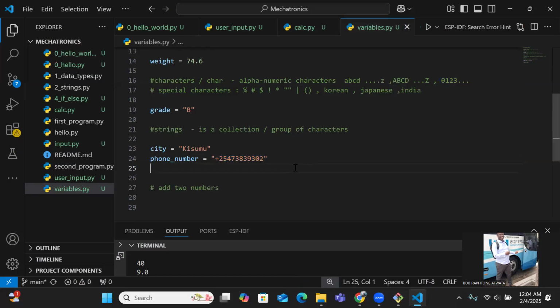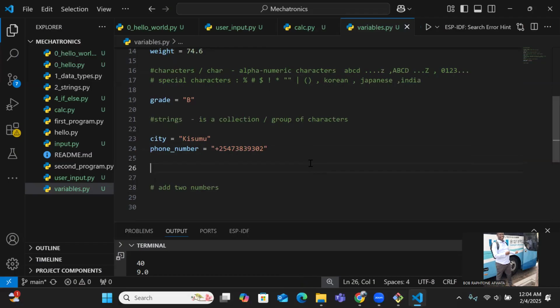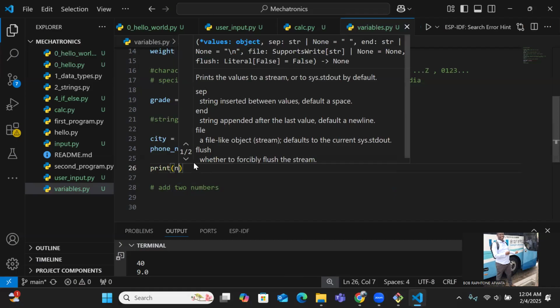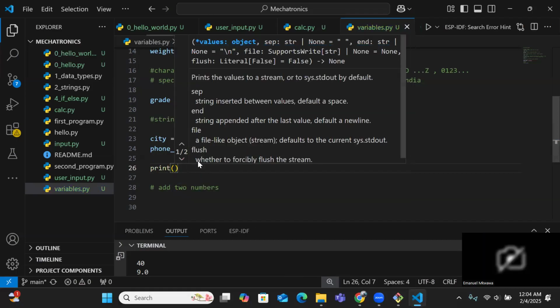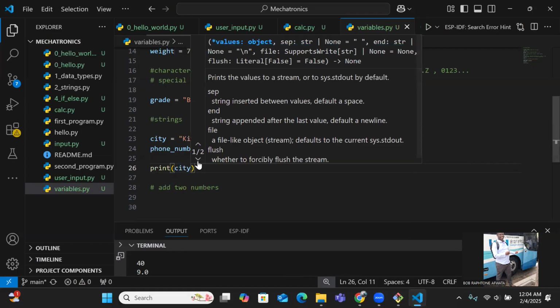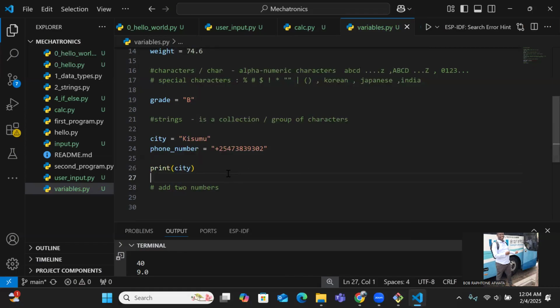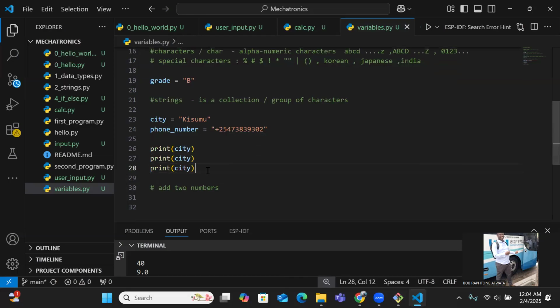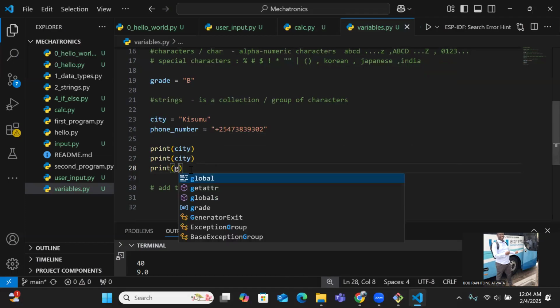Okay. So I hope you have been typing at least this grade or something, or you can follow on later, and you can print them just the same way we were printing. You print city. We know how to print now because we have looked at how to print. It's very easy. Then you copy, paste like that. You print grade.